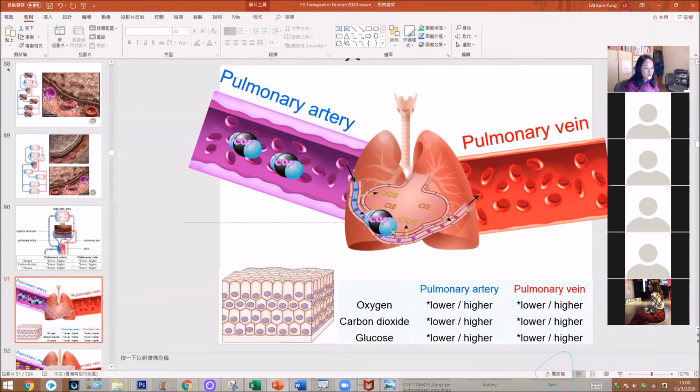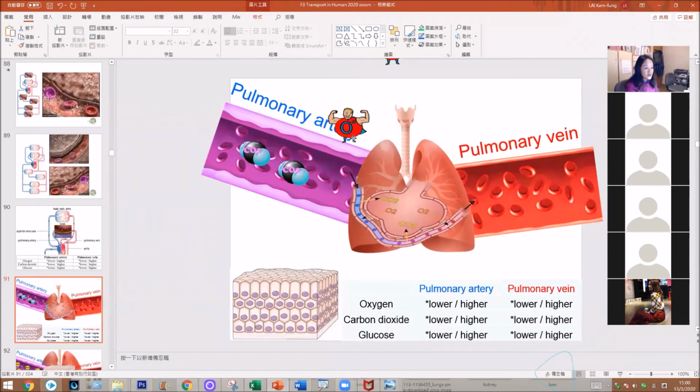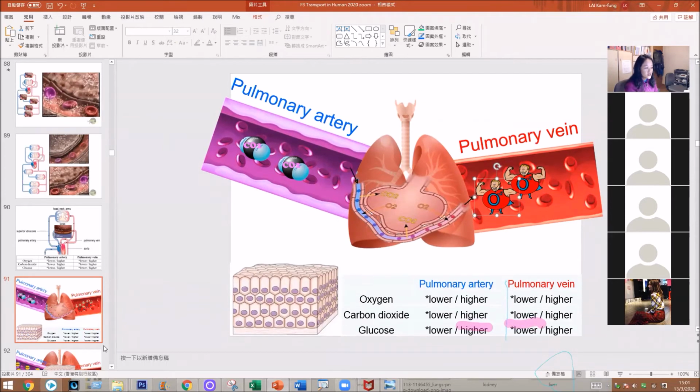Okay, they will go to the air and then disappear. So we have more CO2 in the artery and less CO2 in the vein. And then for oxygen, oxygen moves into the lungs, diffuses into the capillary, and then moves to the vein. So the vein will have more oxygen in this case.